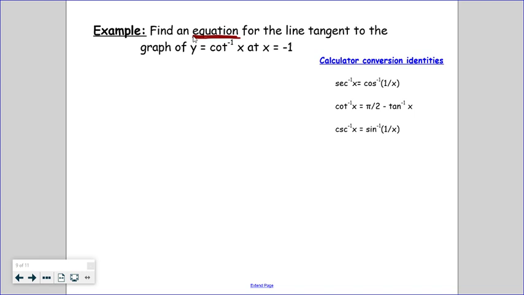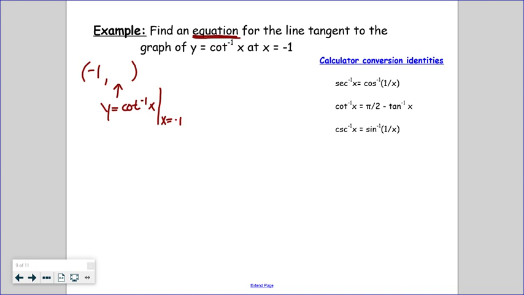So when they ask us for the equation of the tangent line, I need a point that comes from my function. I need a slope that comes from my derivative. They do ask us to do this at x equals -1. Okay. Now, I'm supposed to be finding the y value by plugging -1 into my function, but we don't have this option.